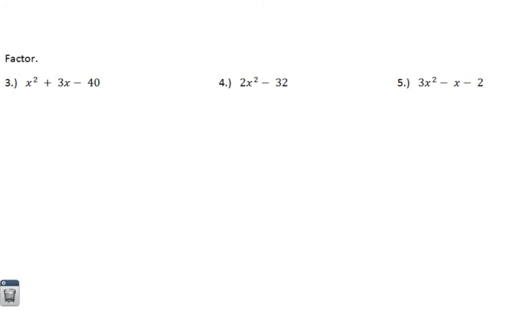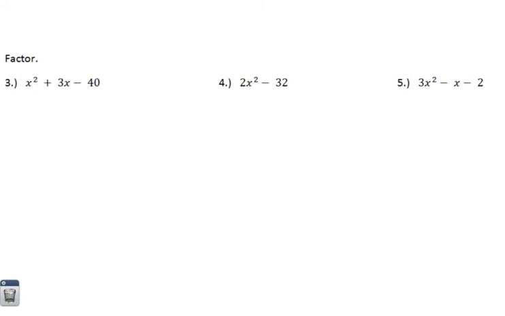There's 2 major methods of factoring. We got factoring out a GCF, and we got what a lot of teachers call unfoil, which is factoring into 2 bubbles. Okay? And the first method you should always try first is GCF.